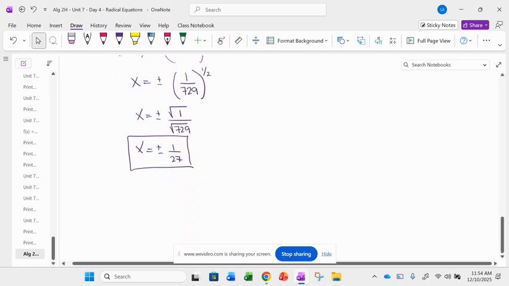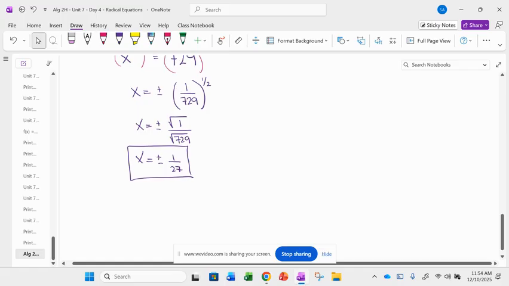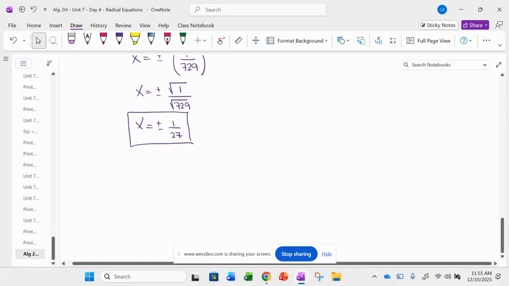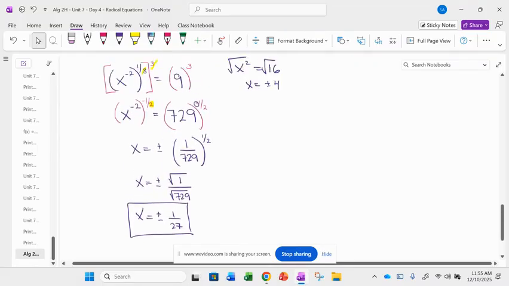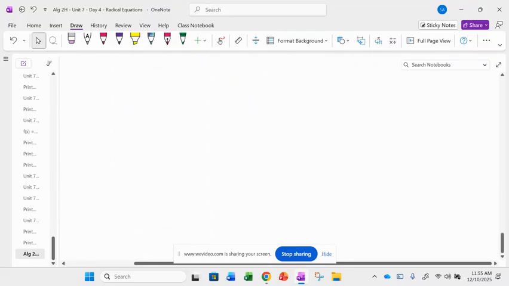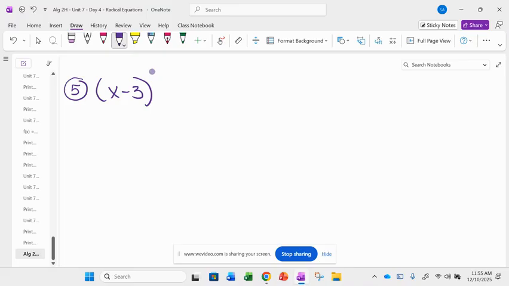All right, you guys try this one. Actually, we'll do it together. It's a little bit different. Is the radical by itself here? Yeah, the radical's by itself here because that whole quantity is raised to the 2/5 power.